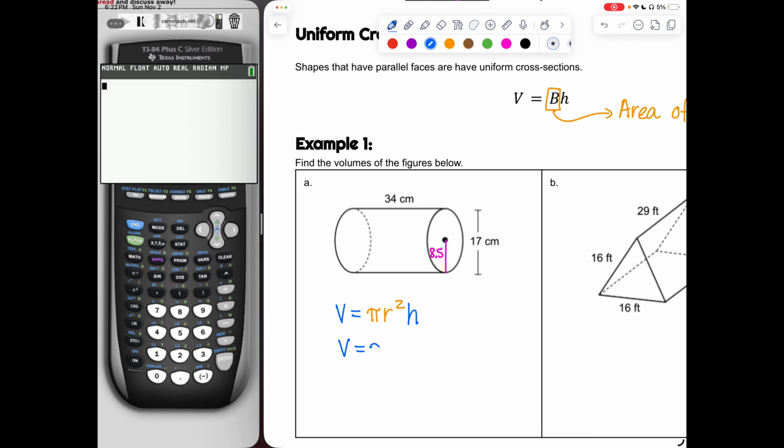So our volume is equal to pi times 8.5 squared, times the height of the 3D figure, which is 34. And we plug that into the calculator. And we're going to give our answer in three significant figures. So as we see here, our volume is approximately 7,720 centimeters cubed.